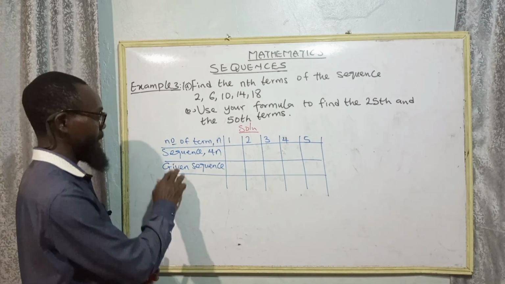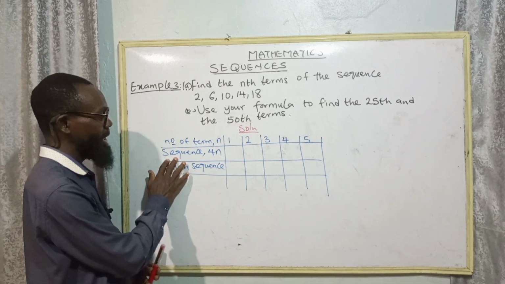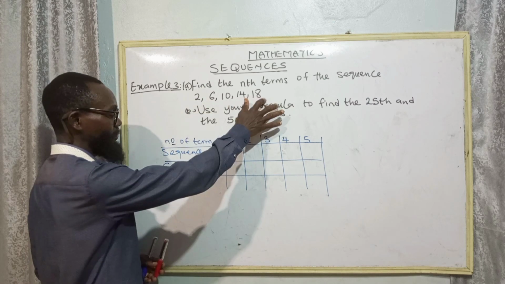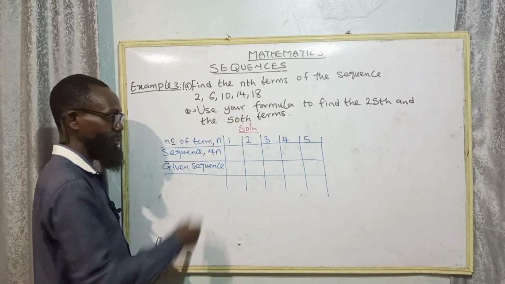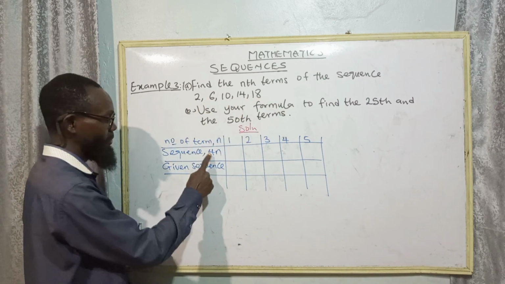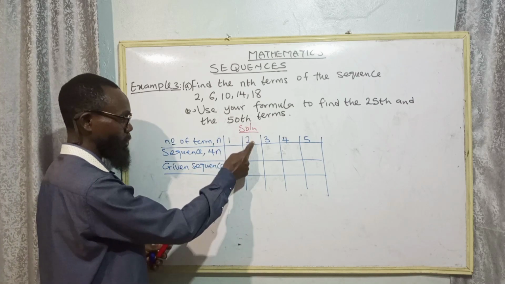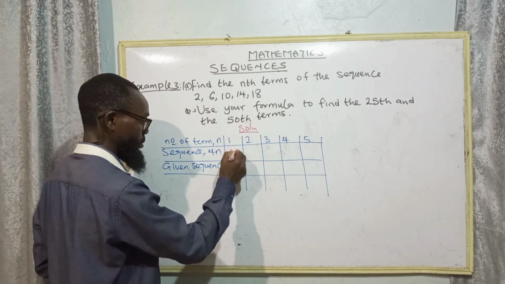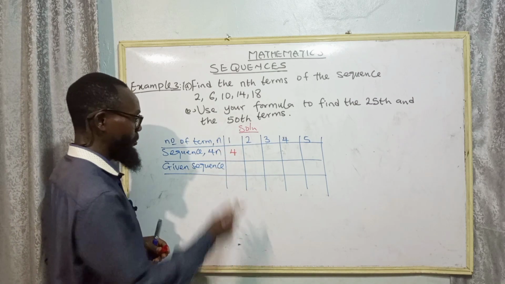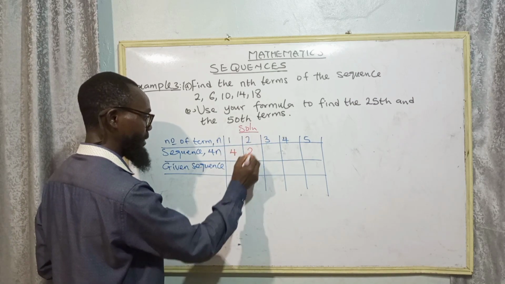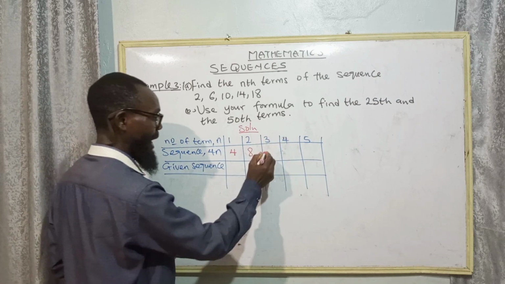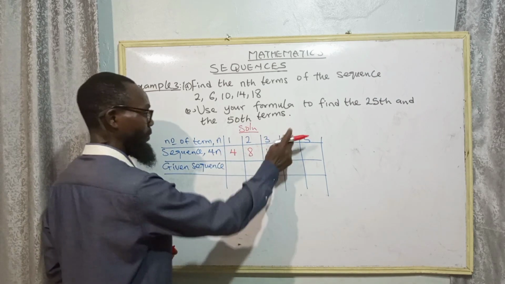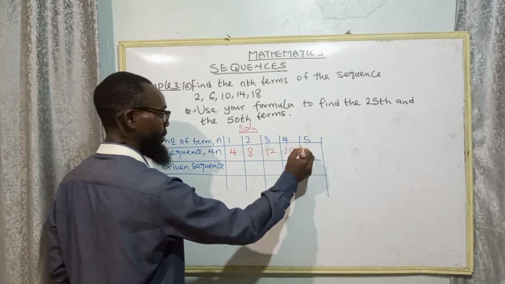Let us now look at it, where n is 1, 2, 3 to 5. 4 times 1, I have 4. 4 times 2, I have 8. 4 times 3, I have 12. 4 times 4, 16. 4 times 5, 20.